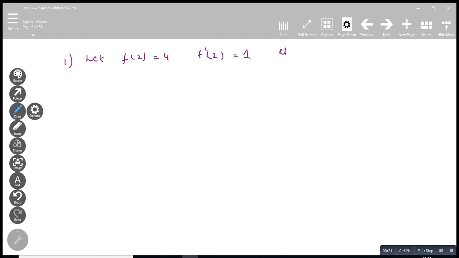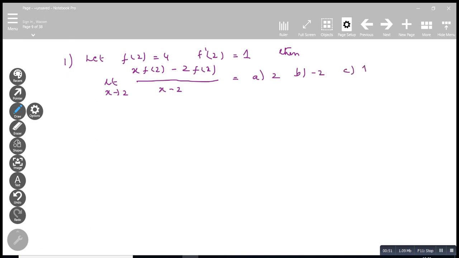Then limit x tending to 2 of (x times f of 2 minus 2 times f of x) upon (x minus 2) is equal to, the answer options are A 2, B minus 2, C 1 and D minus 1.